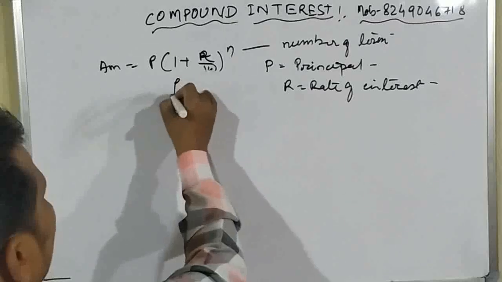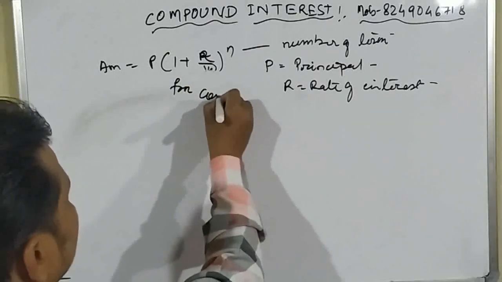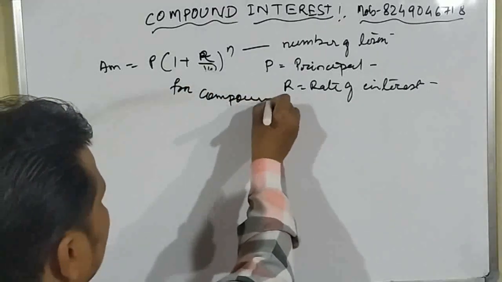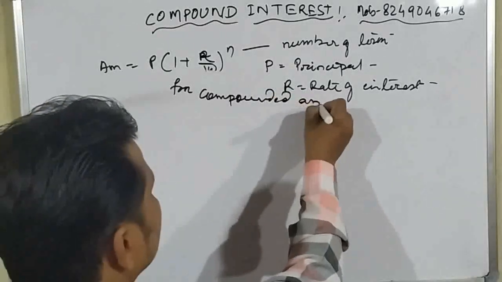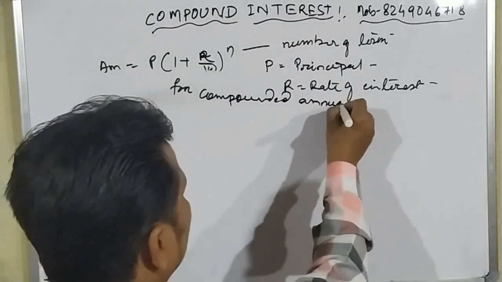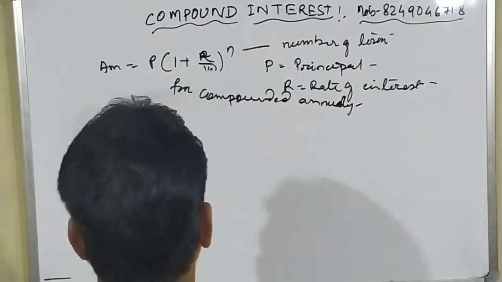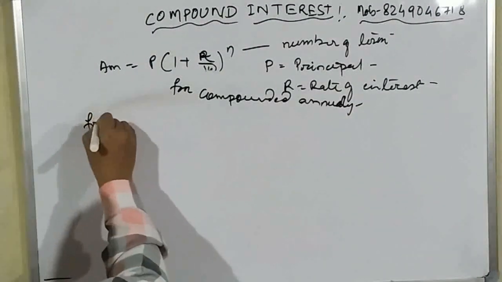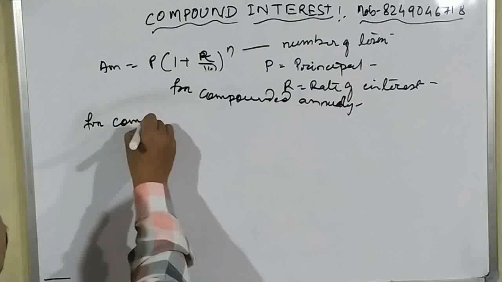This formula is for compounded annually.